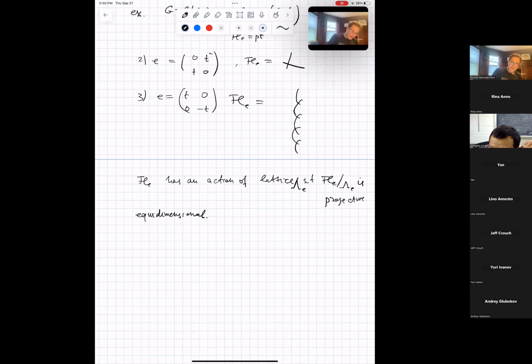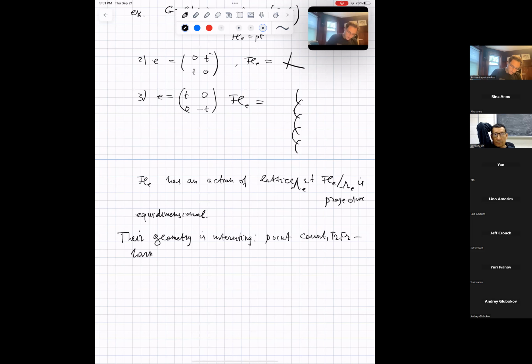And well, again, the geometry is quite interesting and maybe more complicated. So if you do point count and trace of Frobenius, this is related to harmonic analysis on p-adic groups, and there's this famous work of Ngo Bao Chau, for which he got the Fields medal.